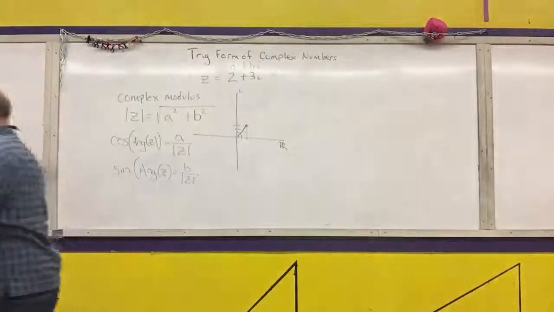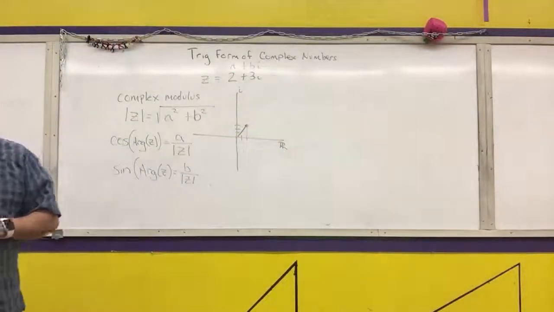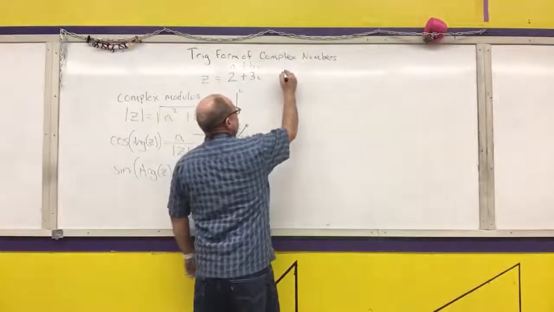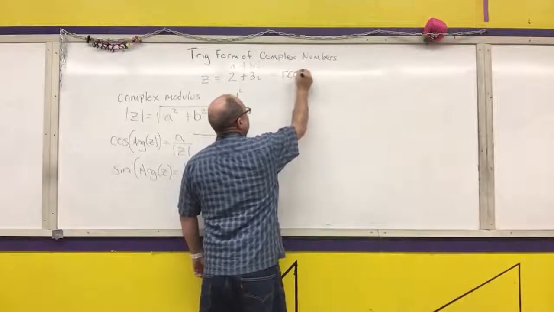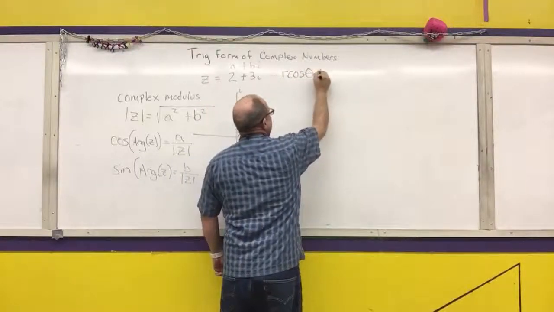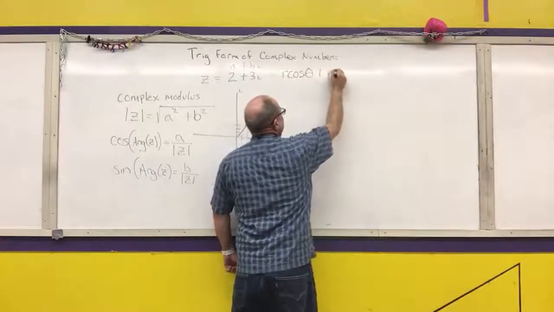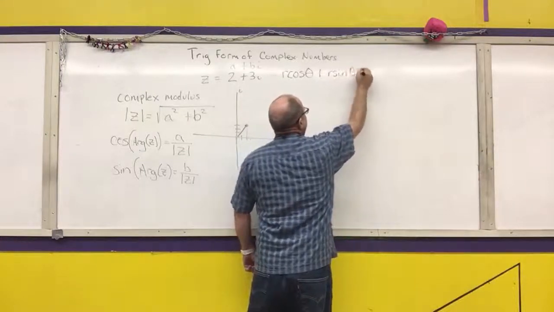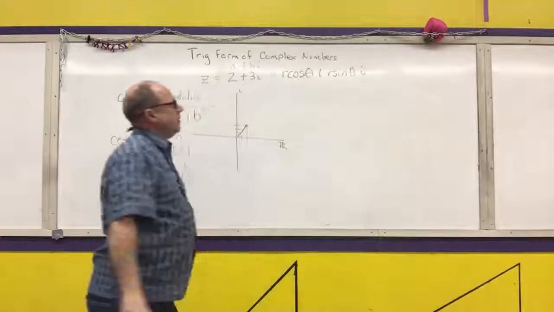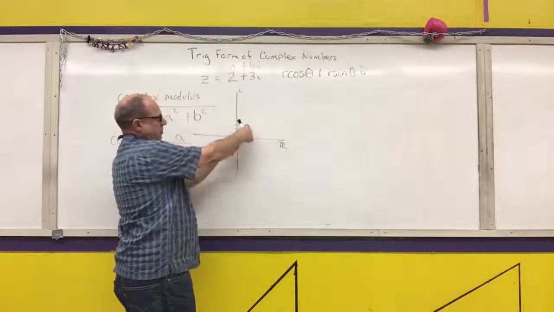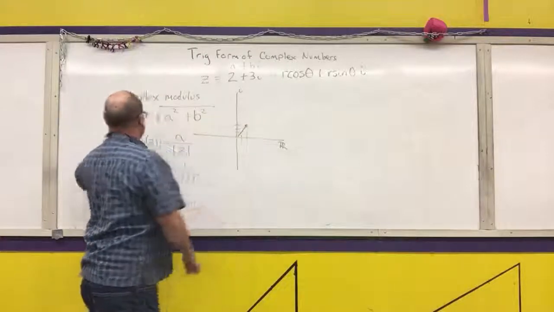The trigonometric form of a complex number is r cosine theta plus r sine theta times i. Notice I have the r, which in this case is the complex modulus.